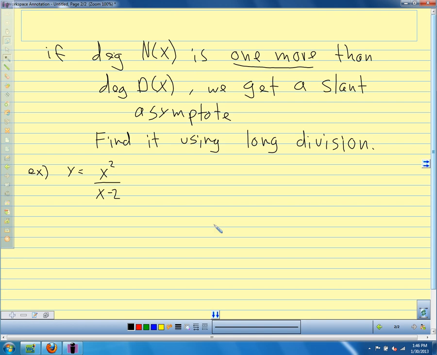So we would go through the same process that we used on all of our examples. We can find the x-intercept, we can find the y-intercept. I'm not going to go through all of that again because we've practiced on that process already. We're going to have a vertical asymptote where the denominator equals 0.